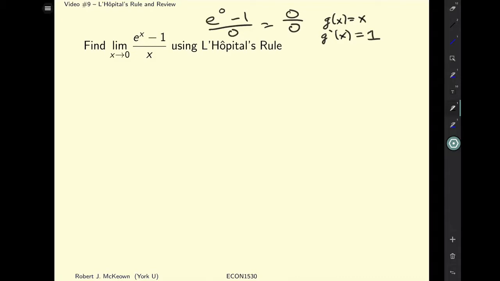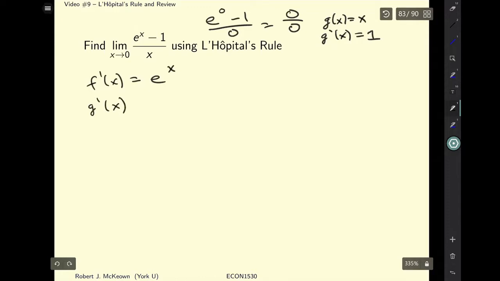So let's give it a try. I'm going to take the derivative of the numerator. So I'll call that f prime of x like I did before. We just get e to the x, right? It's just itself. Don't even have to use the chain rule really. And the denominator, well, I already had it up here, is equal to 1.